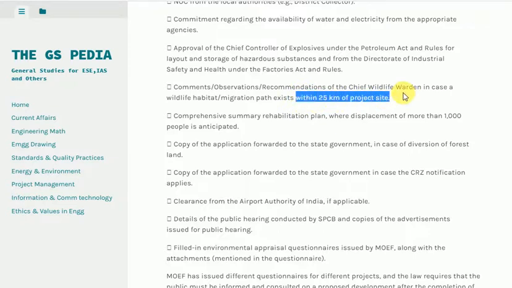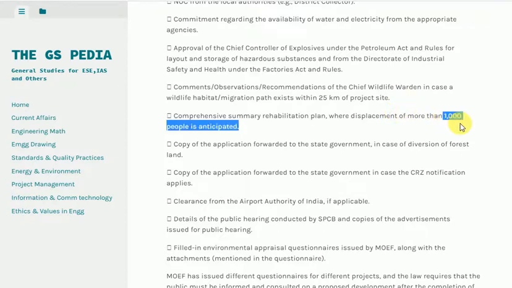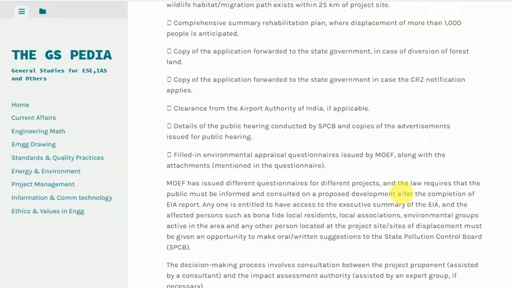Comprehensive summary rehabilitation plan, where displacement of more than 1,000 people is anticipated. Copy of the application forwarded to the state government, in case of diversion of forest land. Copy of the application forwarded to the state government in case the EIA notification applies.